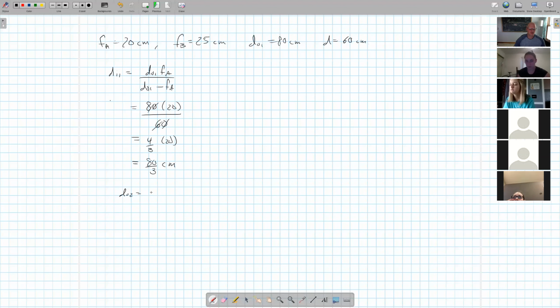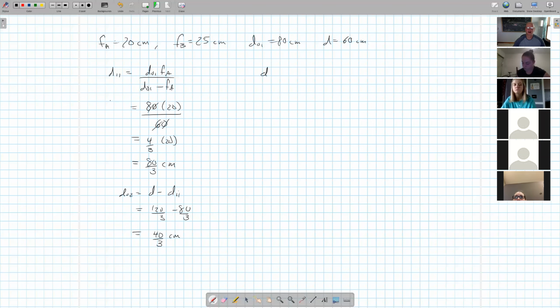Object distance 2 is going to be the same thing as D minus image distance 1. So that's 120 over 3 minus 80 over 3, which is the same thing as, if I can do bad math in my head, 40 over 3. So this is going to be the new object distance.